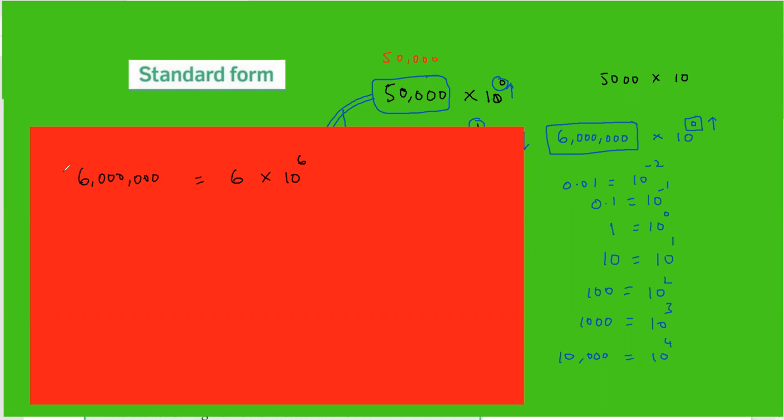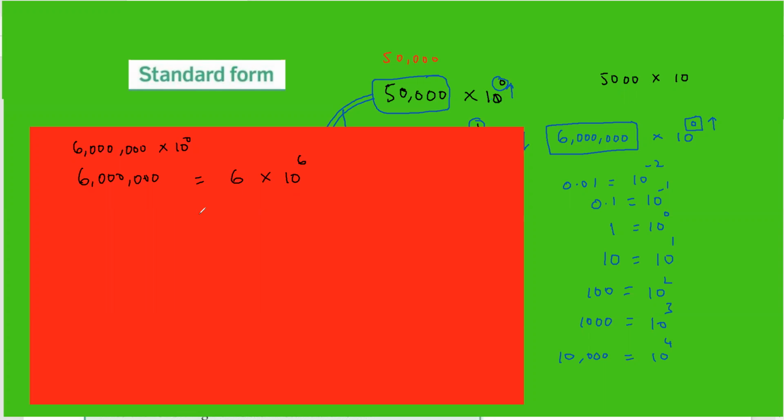If this goes 6 times down, the power on 10 should go 6 times up. If you just write this 6 million times 10 raised to power 0, this thing is going to be justified.